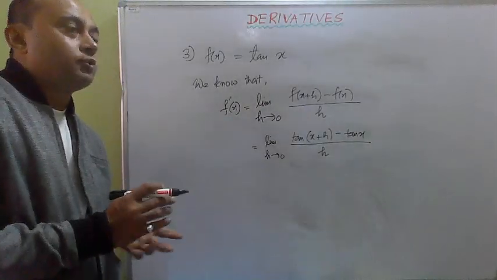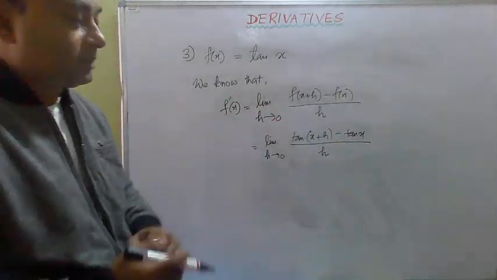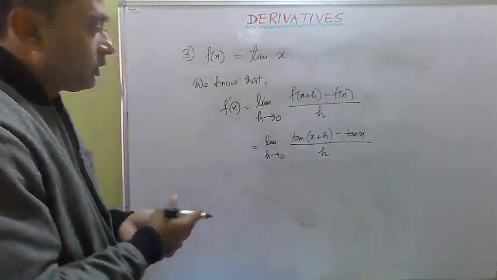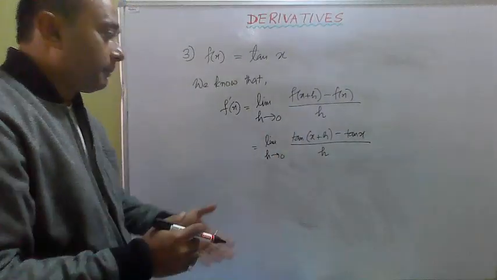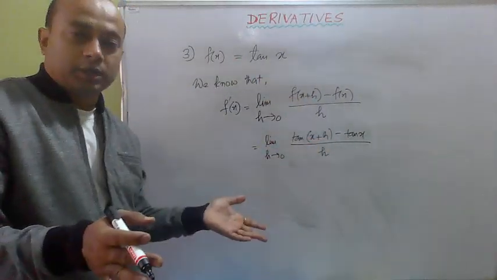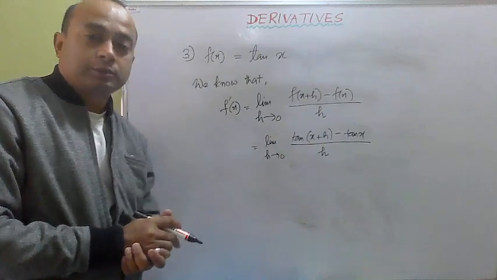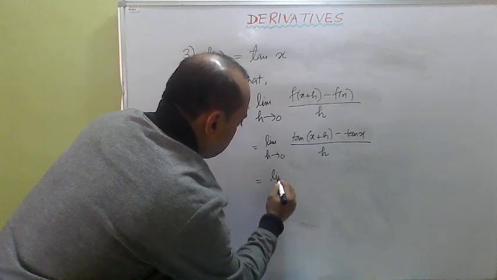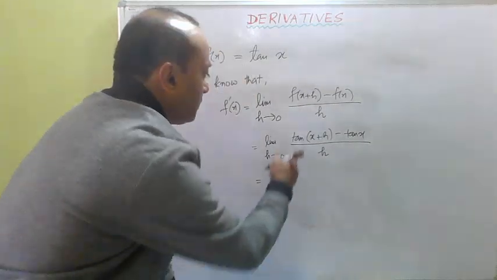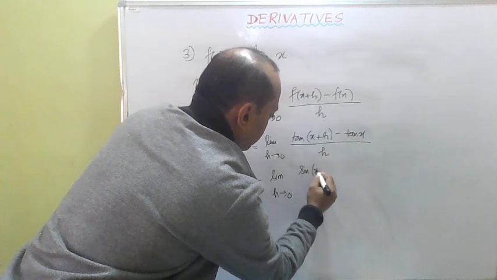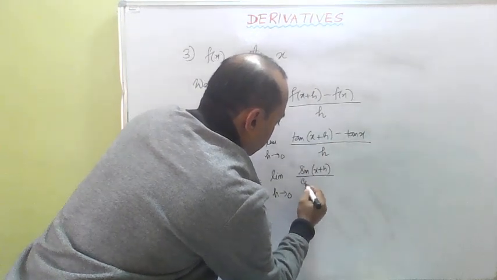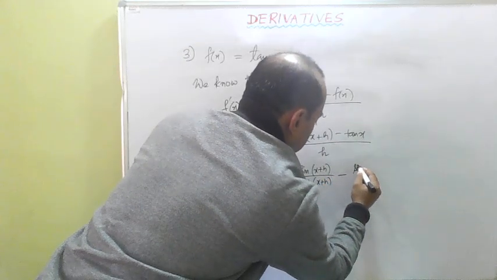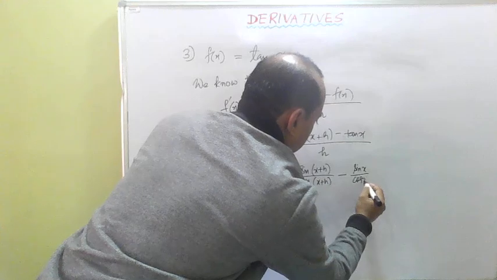we know that there is no formula for tan C minus tan D, like there is a formula for sin C minus sin D, cos C minus cos D also formula is there, but tan C minus tan D there is no formula. That means this expression of tan we have to convert in terms of sin and cos. That means I can write down limit of h tends to 0, this tan means sin of (x plus h) divided by cos of (x plus h) minus sin x upon cos x.